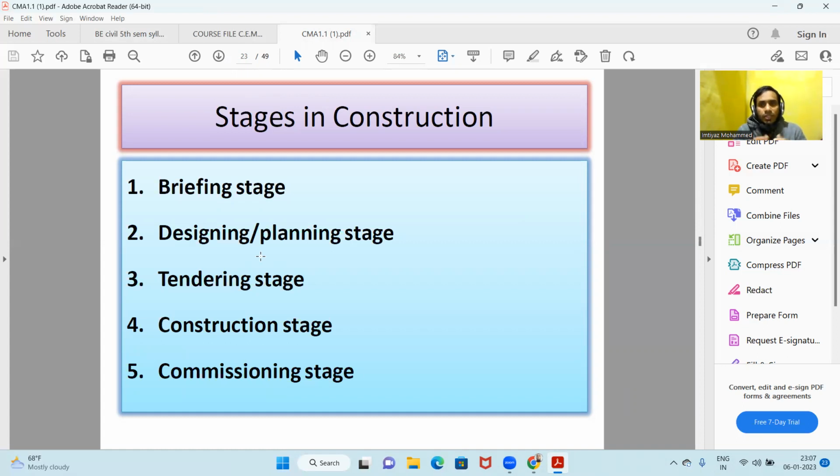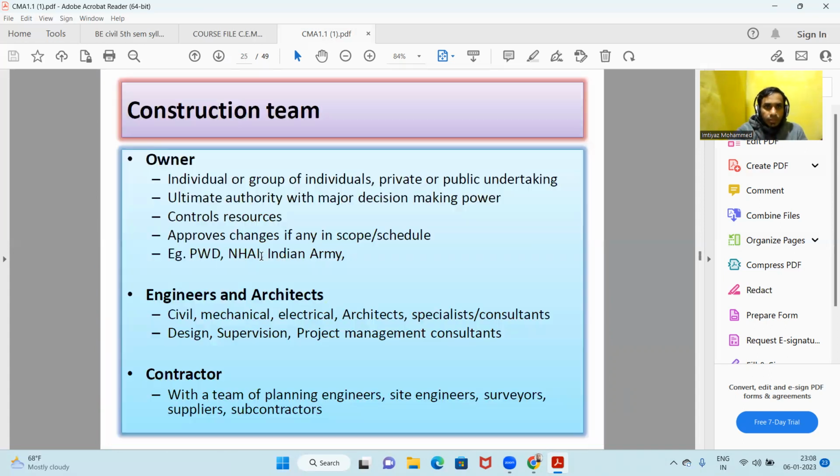Tendering stage is the stage where we invite tenders from different contractors. Then we choose the tender most favorable for our project, and the contractor is awarded the work, and then the actual construction takes place. After the construction is completed, it is commissioned, delivered through a proper channel to the owner.